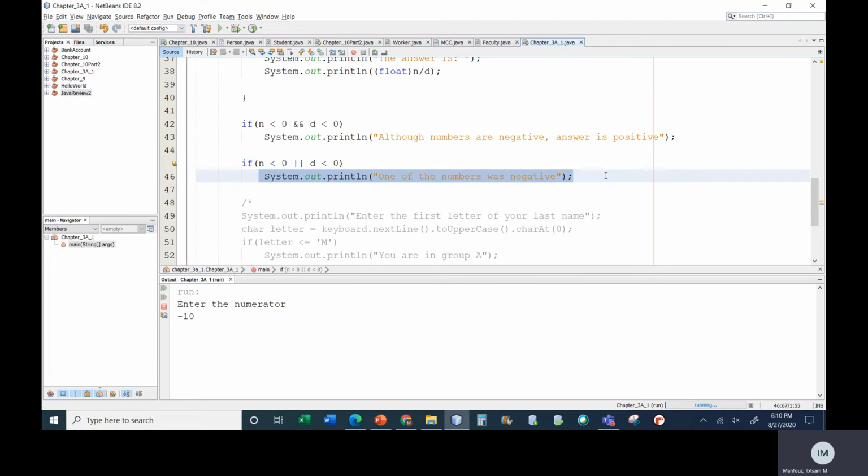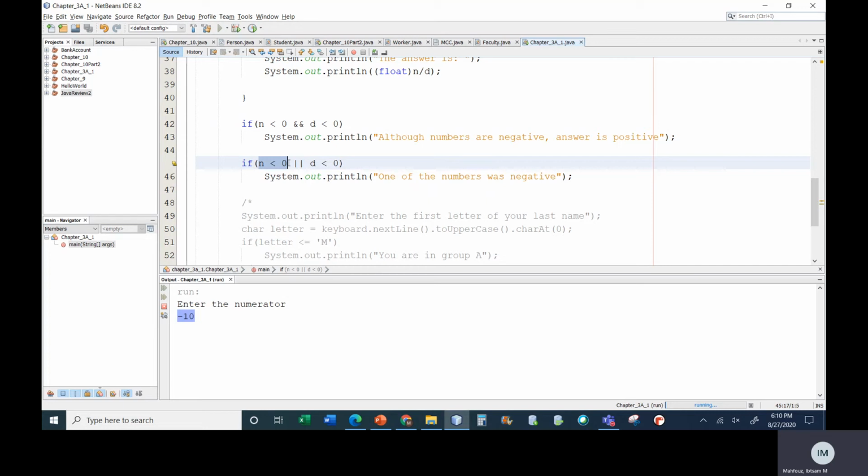You know that it will print "one of the numbers was negative" because you already saw one of them. One of them is already negative, so it is guaranteed that this statement is going to get printed. In that case, the JVM doesn't have to check what's after the or. It's not going to check what the denominator is because it already knows that the first part is true. And with an or, if one part is true, the whole thing evaluates to true.